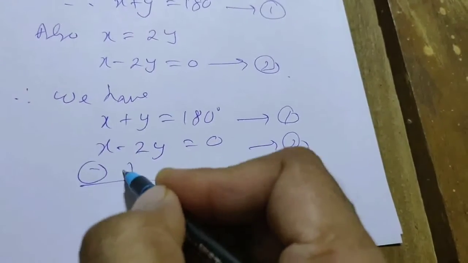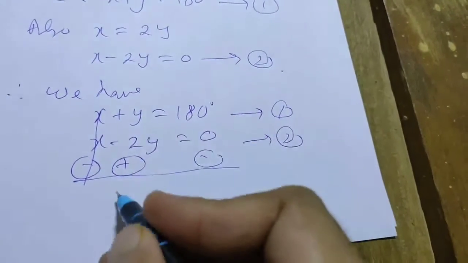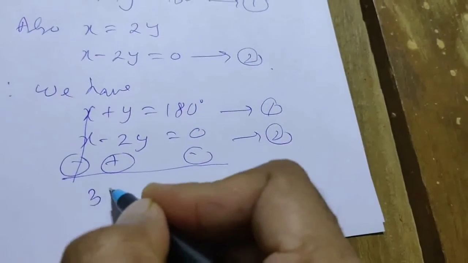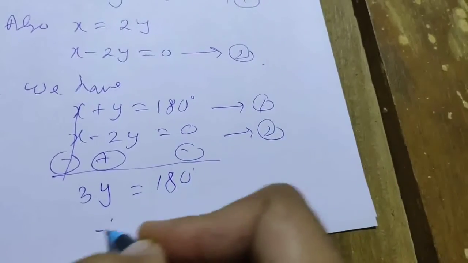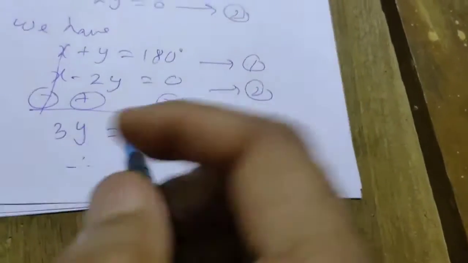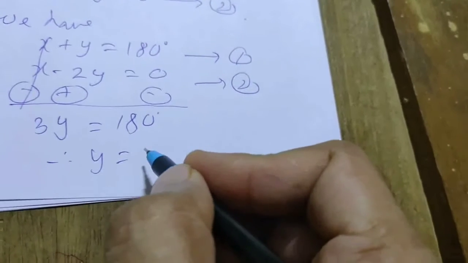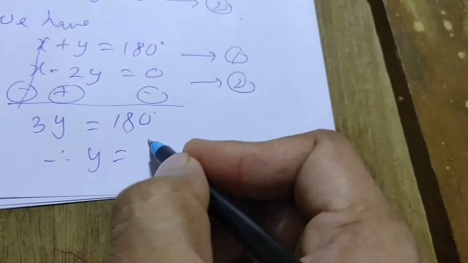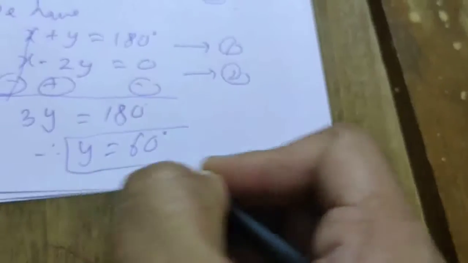So this is minus, this is plus, and this is minus. x minus x cancels out. y plus 2y gives 3y equals 180 degrees. Therefore y equals 180 by 3, that is y equals 60 degrees.